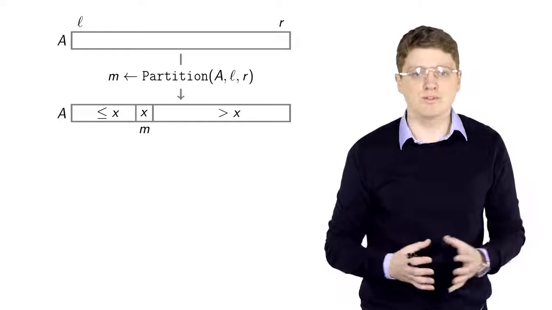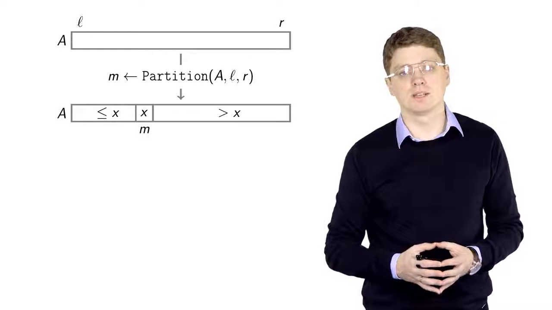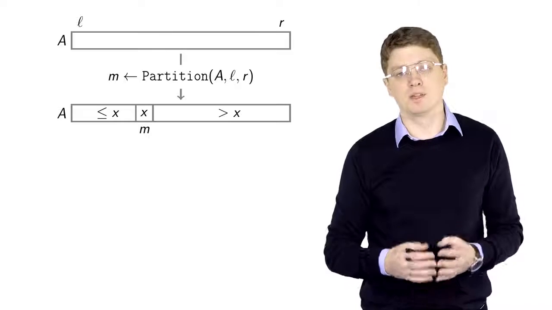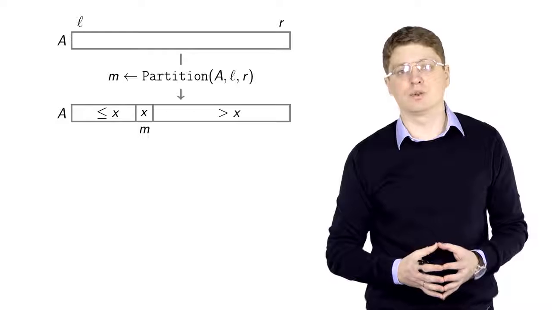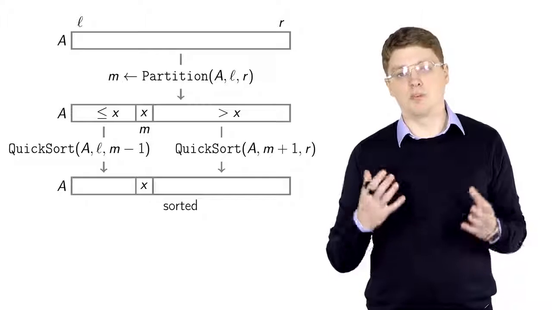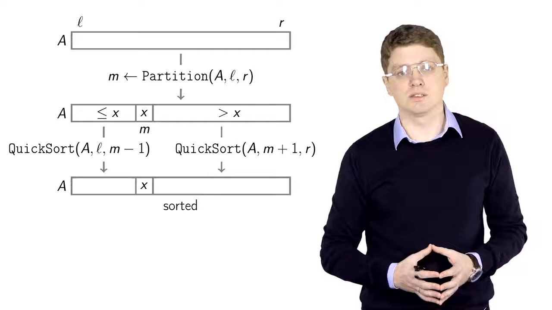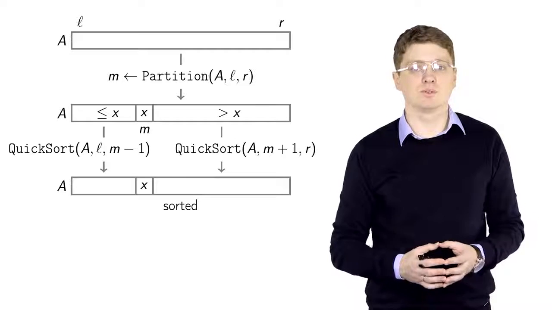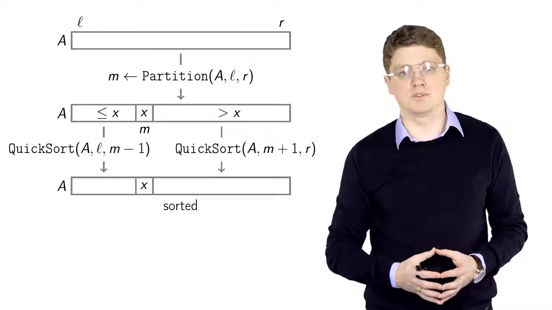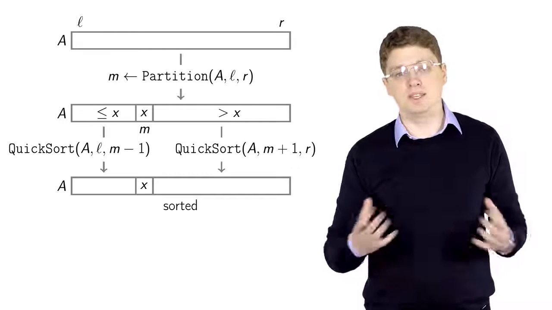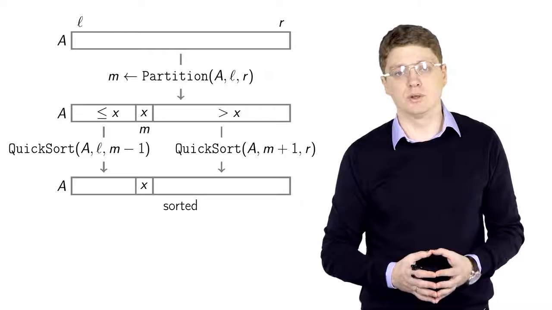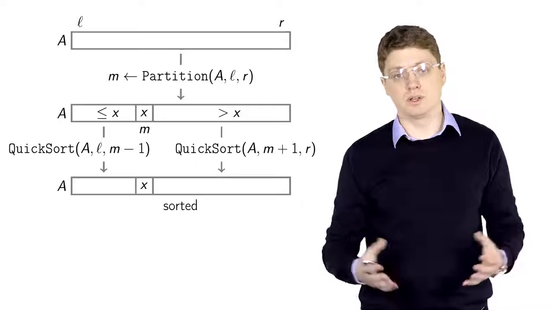All the elements to the left of M are at most the element A of M. All the elements to the right are greater than A of M. Then we make two recursive calls to sort the left part with indices from L to M minus 1, and to sort the right part with indices from M plus 1 to R. And immediately after these two recursive calls, we have a sorted array.